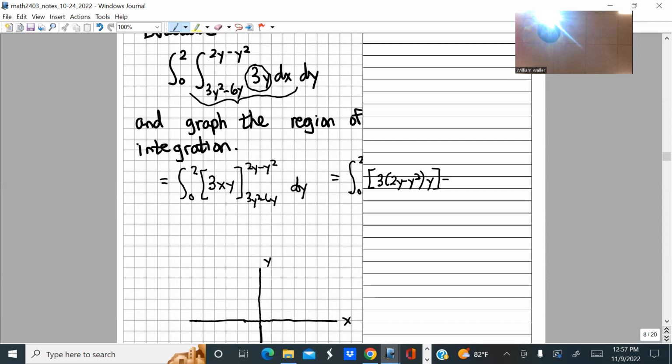And then you have to subtract off when you plug in that second limit of integration, so that is 3 times 3y squared minus 6y, and then don't forget that extra y is in there. You have to take the difference of those two expressions. And then after all that's done, we have to turn around and integrate that with respect to y, correct?